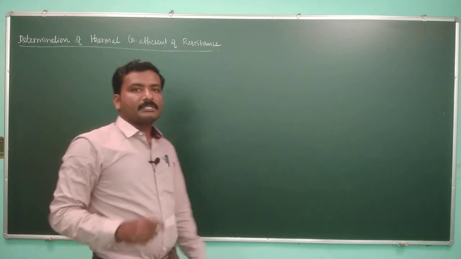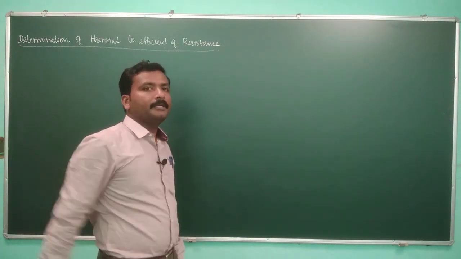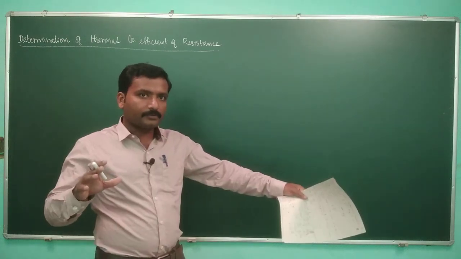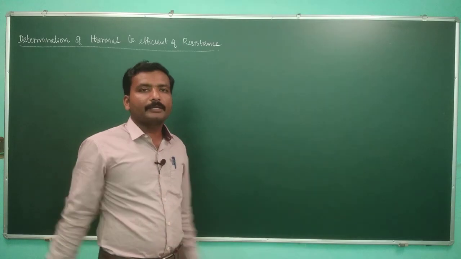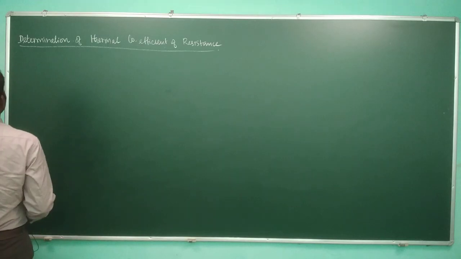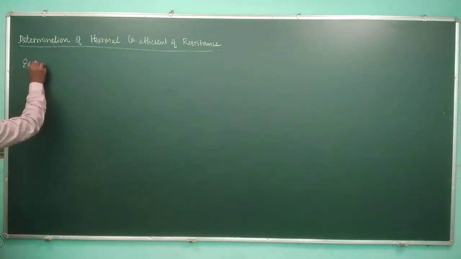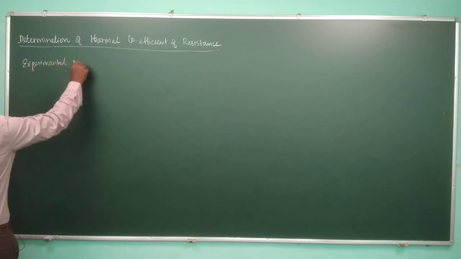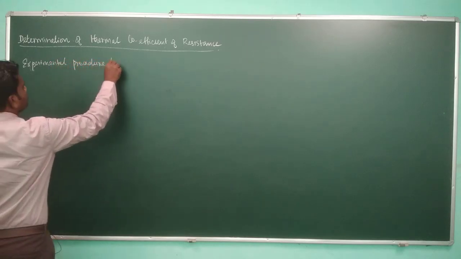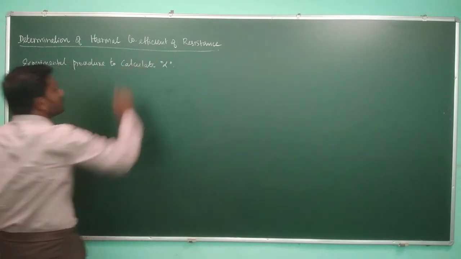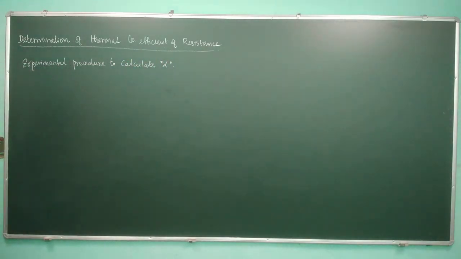Now we shall discuss an experiment using a Wheatstone bridge, which is formed in the form of a Carey-Foster bridge, to calculate the thermal coefficient of a material. It is an experimental procedure to calculate alpha, that is the thermal coefficient of resistance.